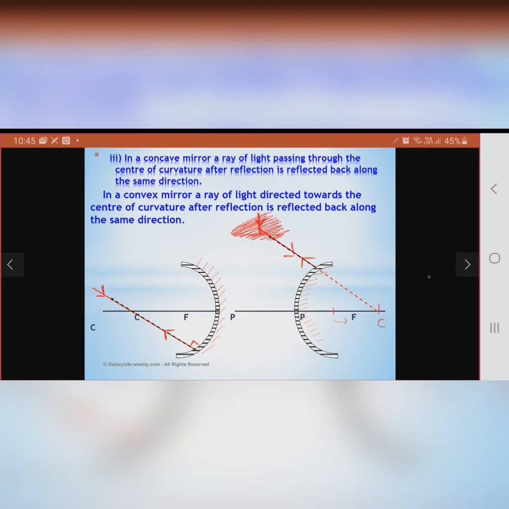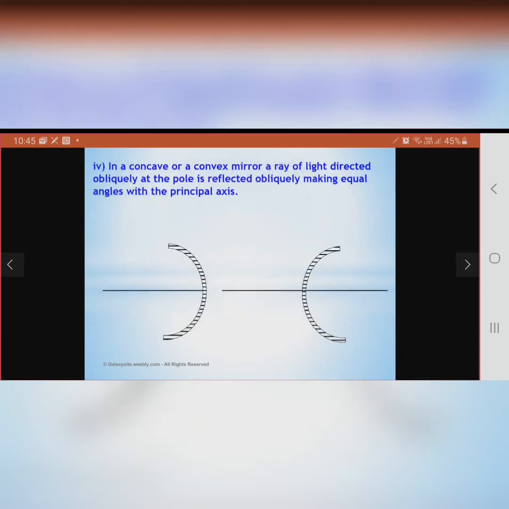Now these are the 3 main rules. Besides this, one more other rule is also used many a times, which is very easy to visualize. Any ray which is hitting the mirror obliquely at certain angles, and this would be the angle of incidence in accordance with laws of reflection, is reflected obliquely, making the same angle with the principal axis.